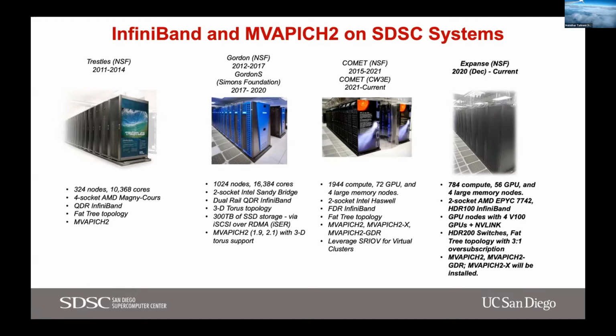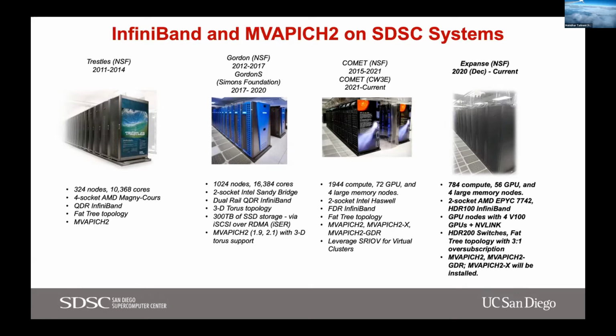It was a dual rail QDR InfiniBand, and I think that was the first dual rail implementation with Torus support, and that worked really well on Gordon. And then on to Comet, which also just got retired from NSF service, but it's going to continue computing for the CW3 center, which was a Haswell cluster, and we had all flavors of MVAPICH on that, MVAPICH2, MVAPICH2-X, GDR, and I think even the virtual cluster instance had a version.